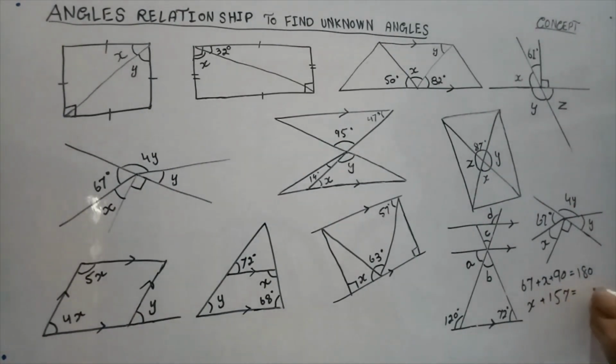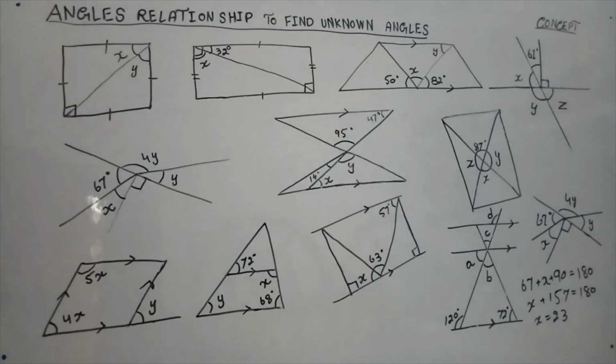Okay, and here on the right hand side we have 180 degrees, and if I subtract 157 on both sides, here we are left with X, and here 180 minus 157 will answer me 23 degrees. Here the value of X will be equal to 23 degrees.